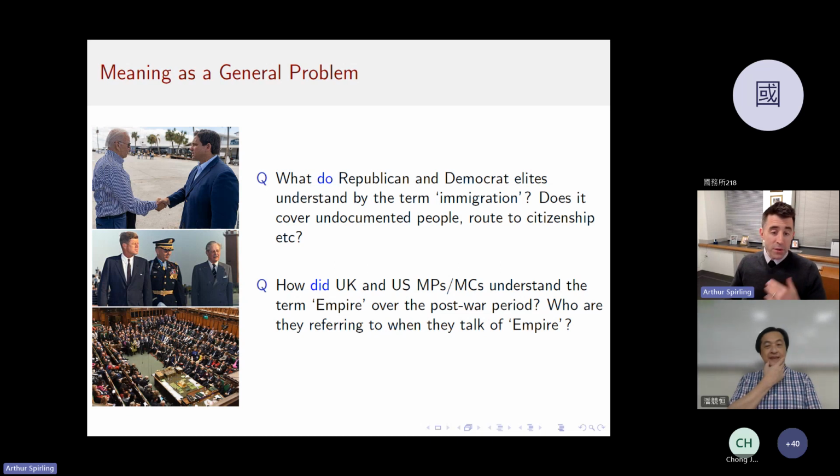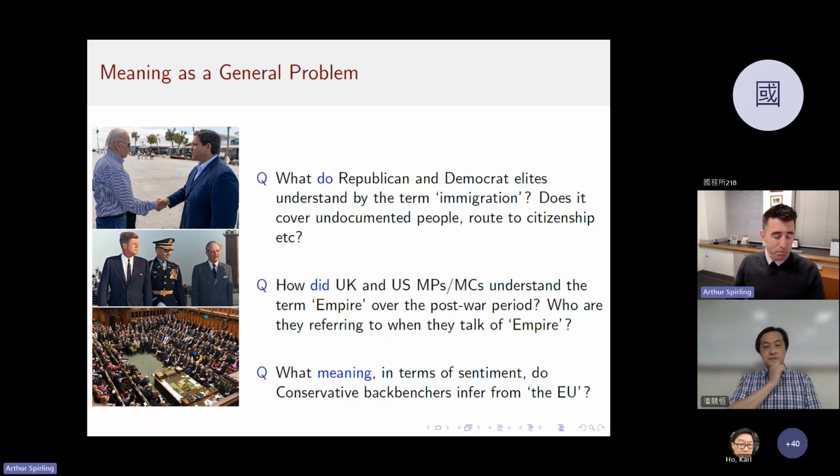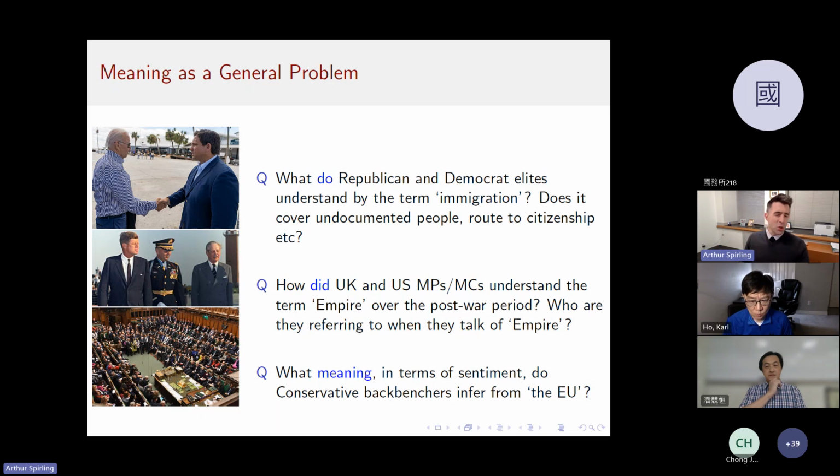And then finally, to zoom in on the UK, although the particular example I'm going to talk about is not really UK specific, we might be interested when we talk about meaning in some sense of sentiment. So what do you feel in some affective sense? Do you like it or dislike it? Do you feel joy or discouragement?